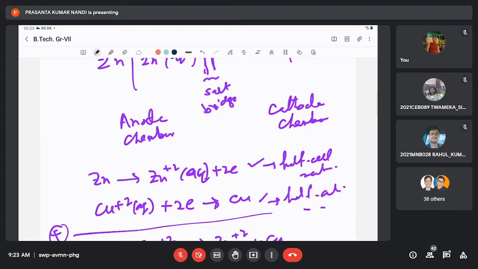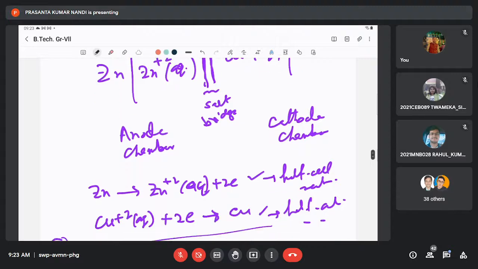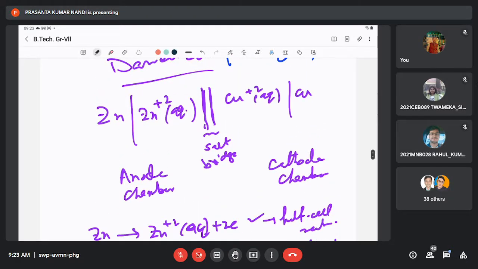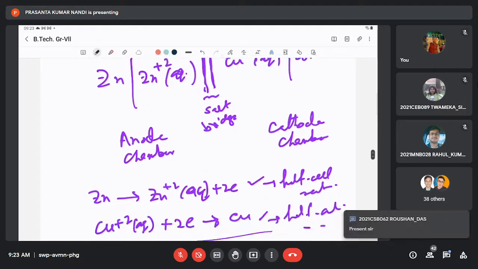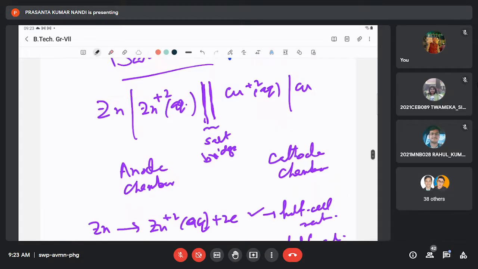Likewise, in the right hand side, copper ion from the aqueous solution will collect two electrons from the electrode, and will be deposited on the copper metal of the electrode.